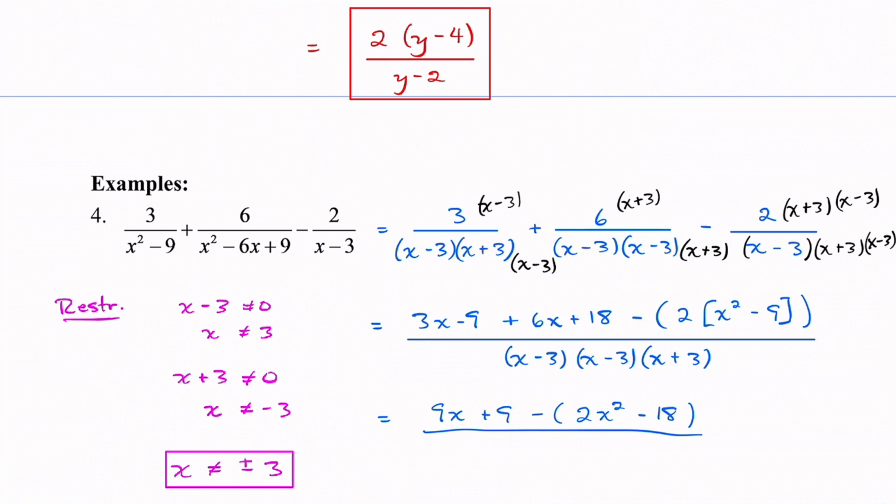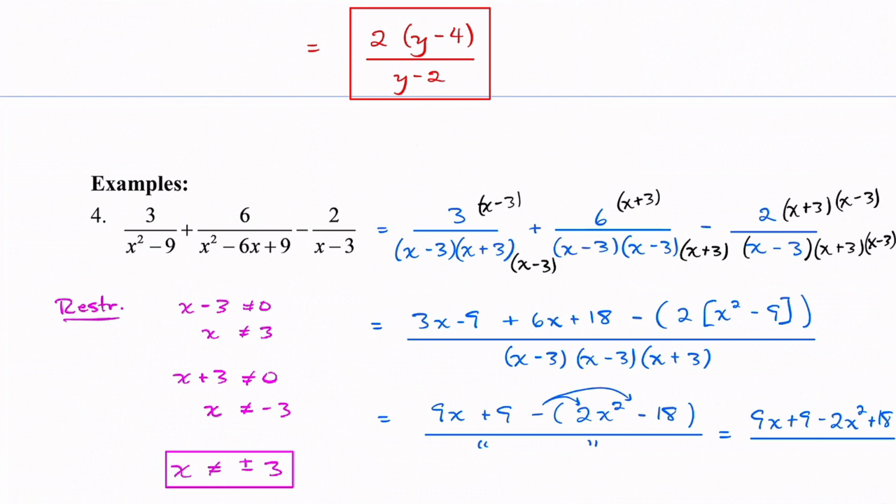That's all being divided by, I'm just going to put in quotations because it's the same thing. And then simplifying the top, we're going to bring in this negative. So I'm going to have 9x plus 9, and then minus 2x squared, and plus 18. And again, that's all divided by the exact same thing in the denominator.